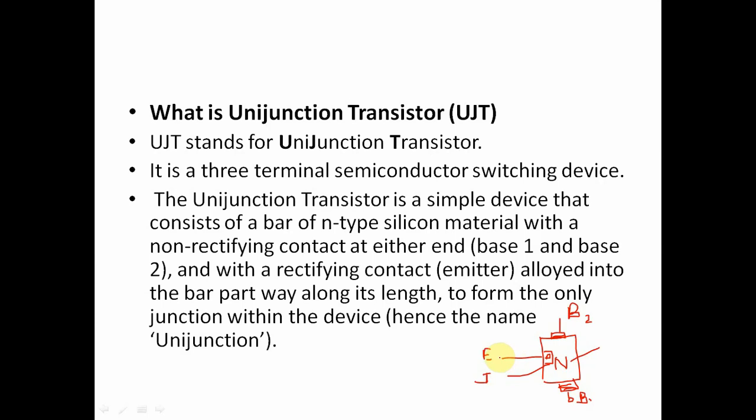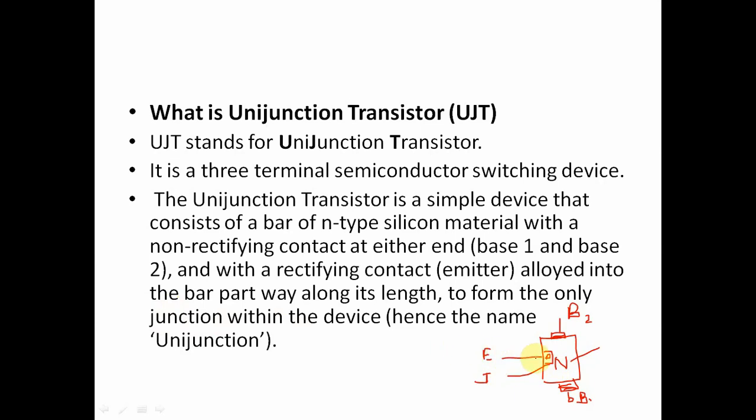The rectifying contact means current flows only through this P and N junction. So the rectifying contact is between the emitter and the bar part, so it is called the unijunction transistor.